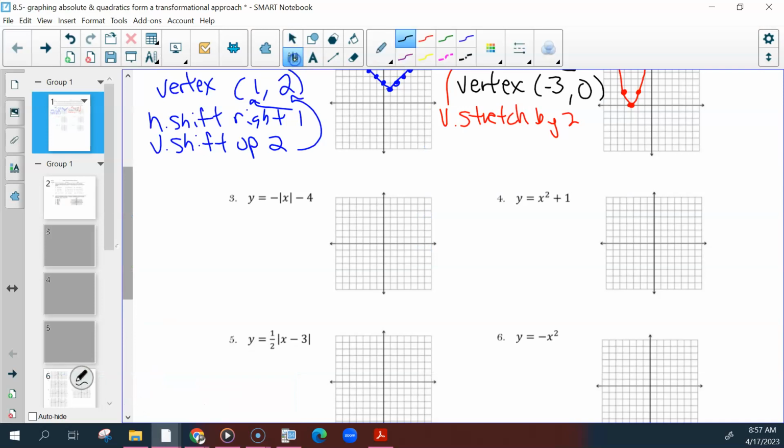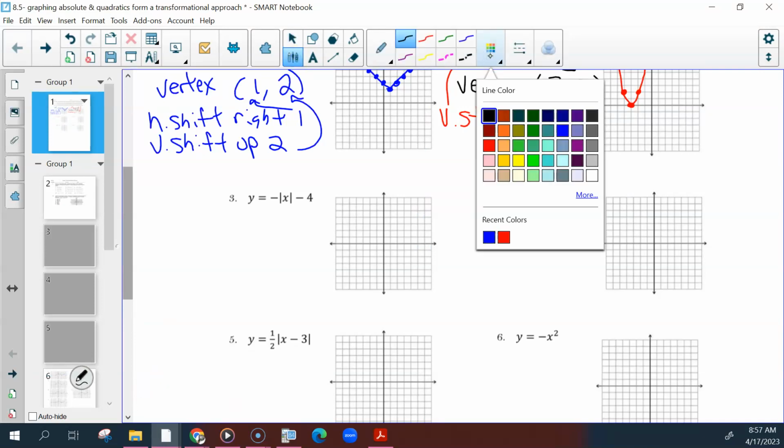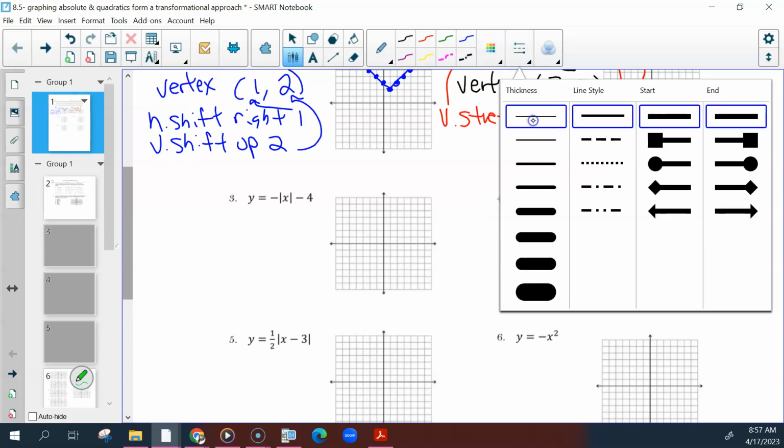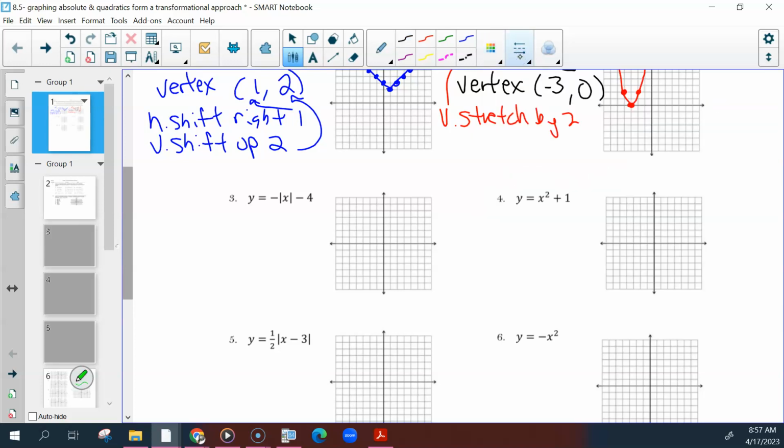Moving on to number 3. What would the vertex of this one be? Look at the number on the inside, the number on the outside. 0, -4. So that's where we would start.